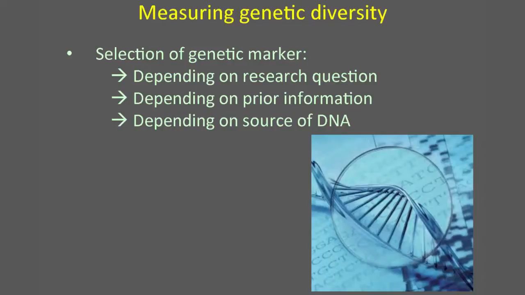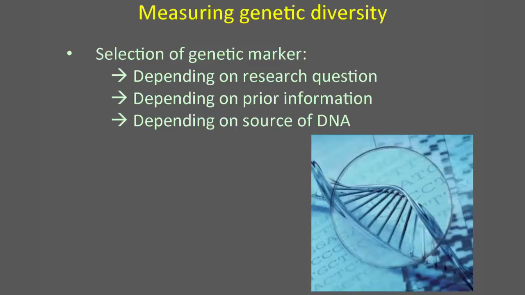And all these different markers that are out there, they have different characteristics. Some of them are very diverse, which means that they're very suitable to study something on a population level, and some of them are not as diverse. For instance, if you would study a specific gene, there are more constraints that the gene retains its functionality, so they're typically a little bit less diverse.